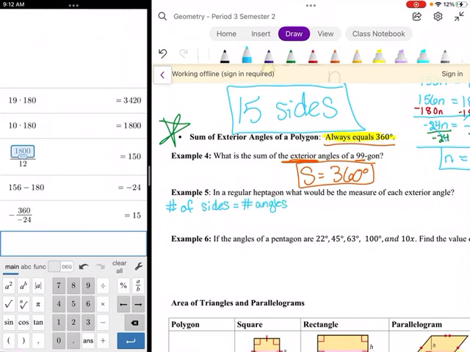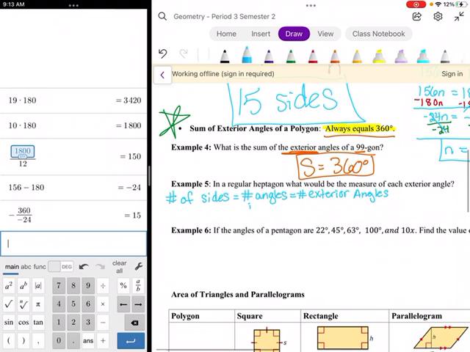So if you have 8 sides, that means you have 8 interior angles, and that's also equal to the number of exterior angles. So if you have an 8-sided shape, that means you have 8 interior angles and you have 8 exterior angles.